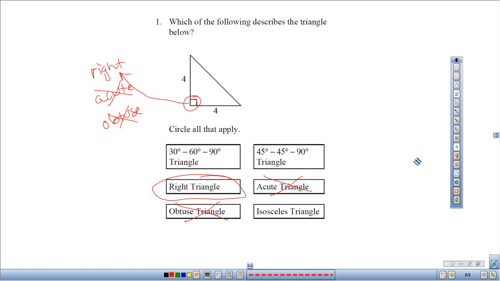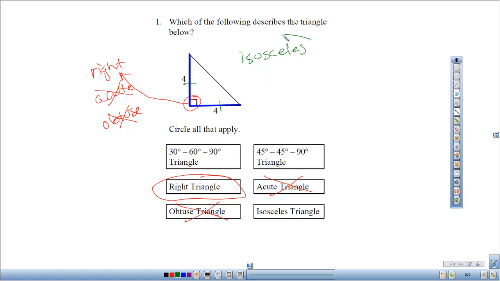The next thing we should probably notice is that it has these sides right here, and these sides are both marked 4. In other words, they're the same length. We might even put tick marks on them. So what's it called when a triangle has two congruent sides? Well, that makes it an isosceles triangle.